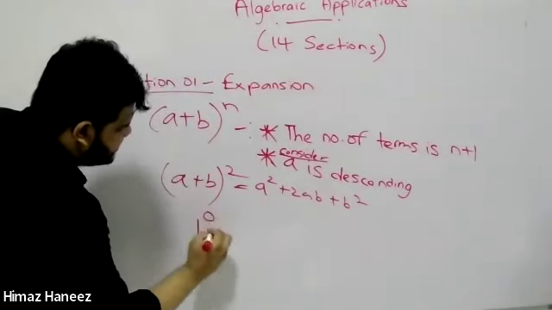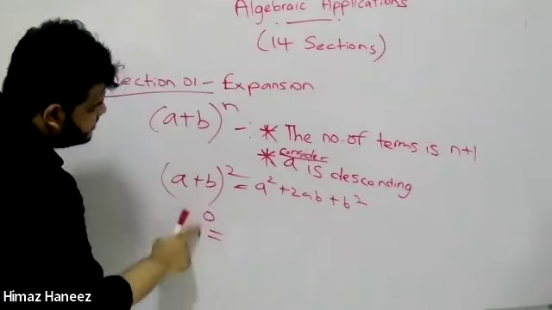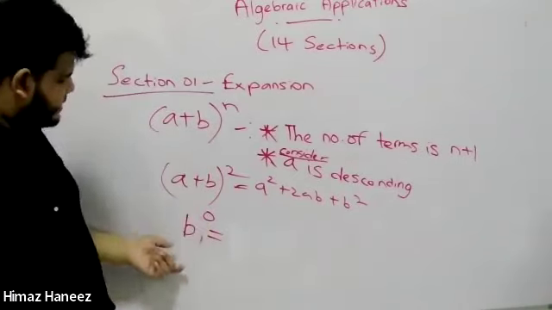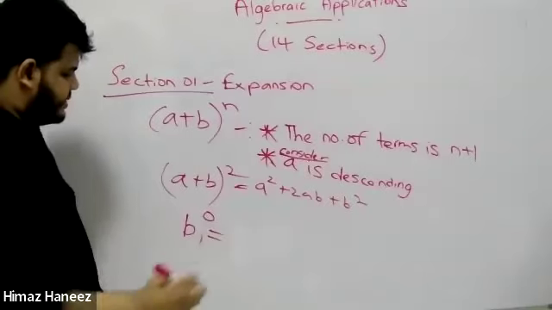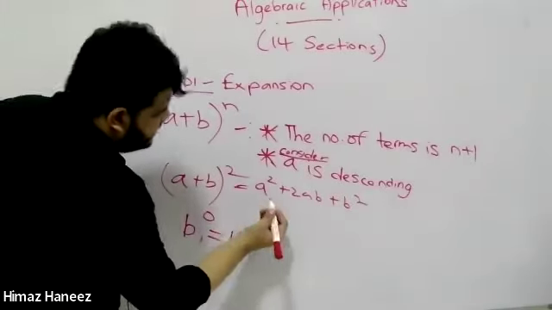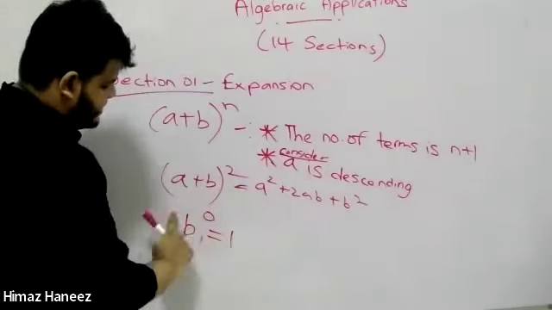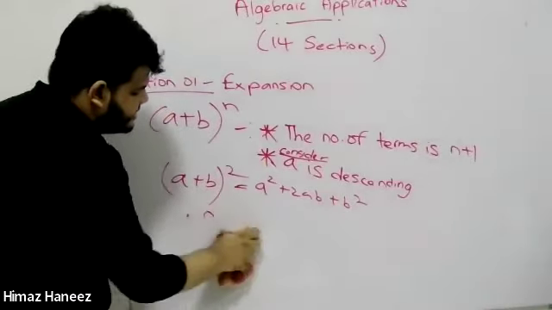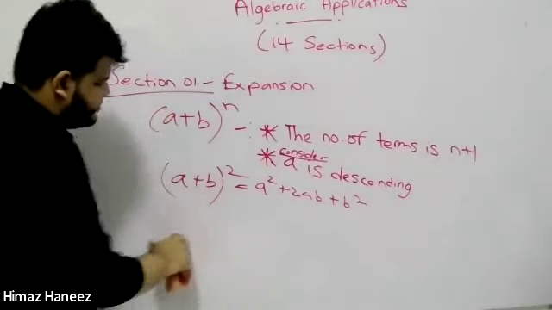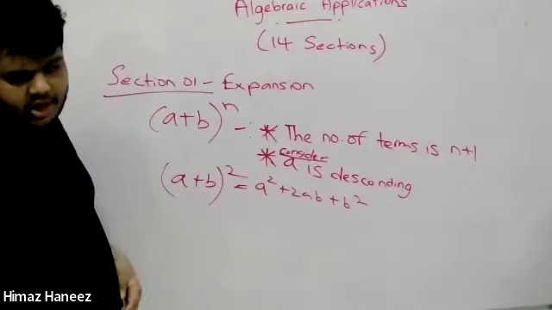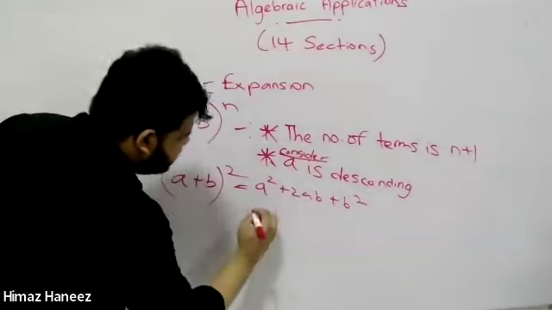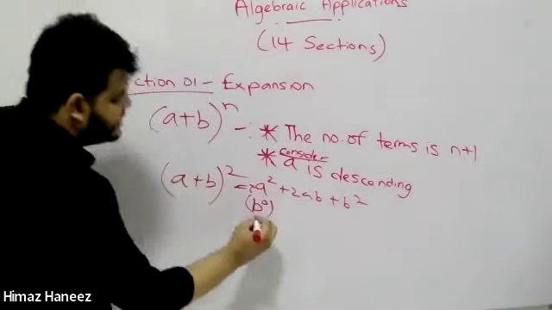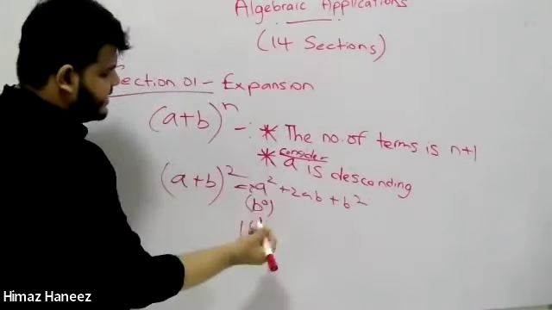Anything to the power 0 is what? Anything to the power 0 is 1. So here we have b to the power 0, but we can't see it. Why can't we see b to the power 0? Because it's 1. So here we have b to the power 0, but it is equal to 1, so we're not writing it.